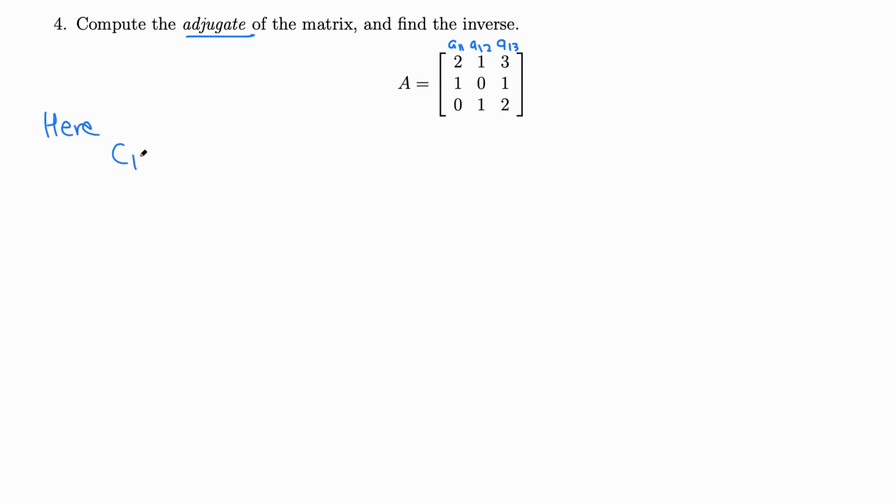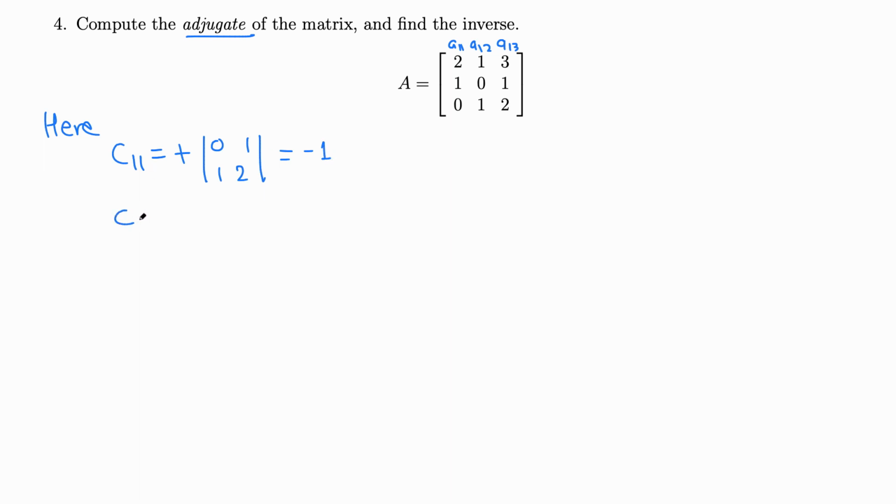So C11 will be, we always start with plus minus plus minus. So here the first is plus. Now we delete the row and column containing that, which leaves 0 1 1 2. Okay, and we will find this is 0 minus 1.